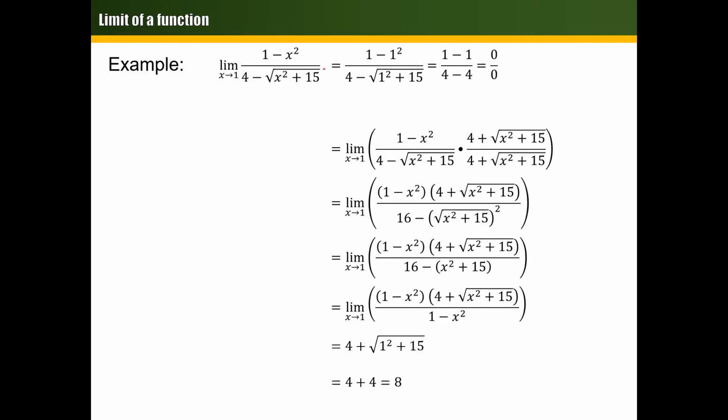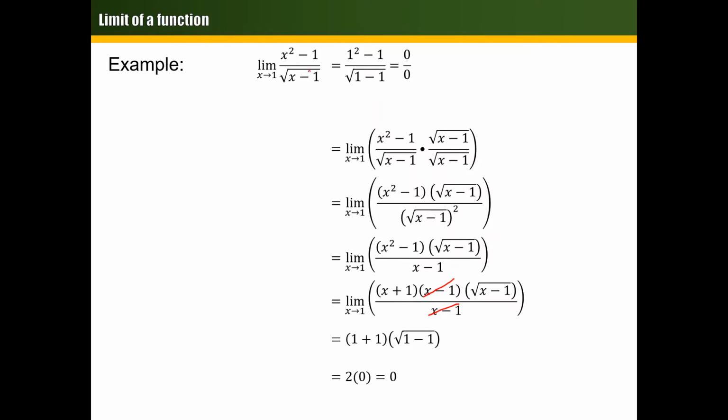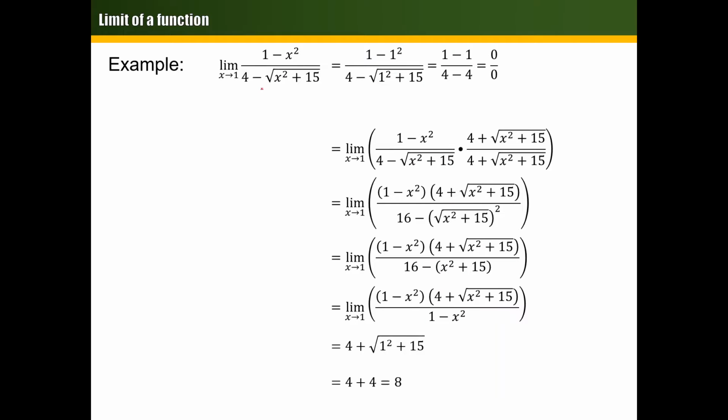So kanina, ang lahat ng mga nasa denominator ay naka-square root. However, this time, yung 4 hindi na siya nakasama dun sa loob ng square root. So if given tayo ng ganyan at naka-square root yun, what we can multiply is the conjugate of the denominator. So let's try to multiply its conjugate.